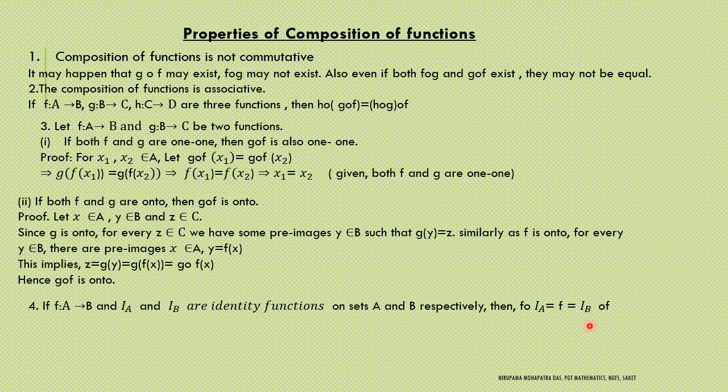Similarly, I_B composed with f is also f. That means any function and identity function are commutative, that is clear from here, right? The function remains unchanged. Okay, so these are some of the properties for the time being.